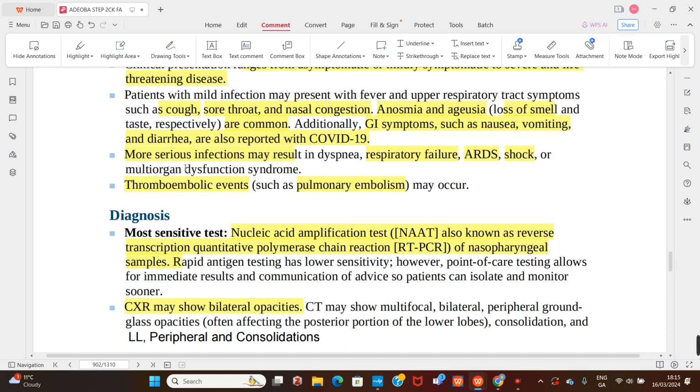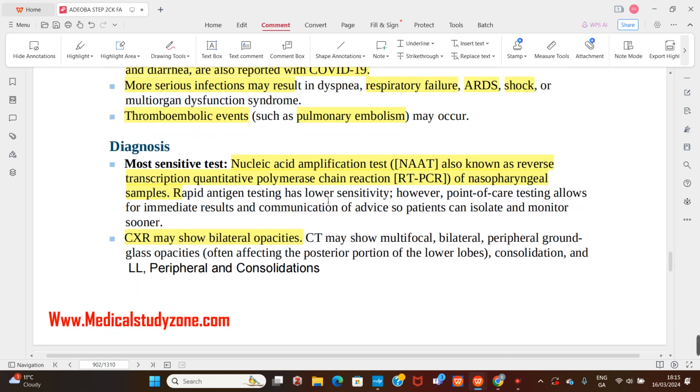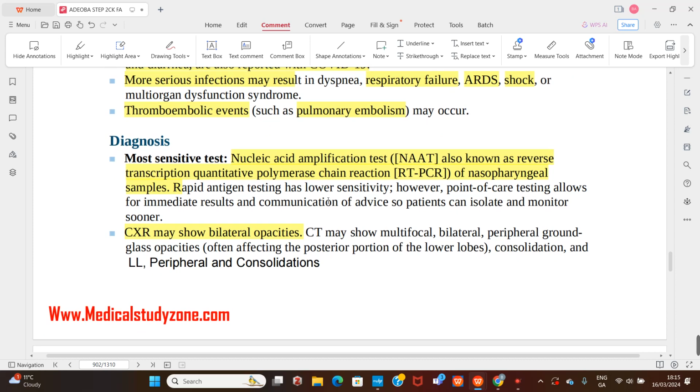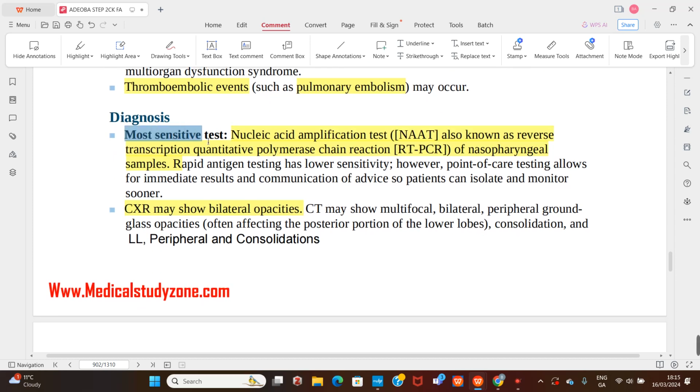And one thing about it is that it's highly associated with coagulation, so they have numerous thromboembolic events. PE easily occurs in people with COVID. A lot.